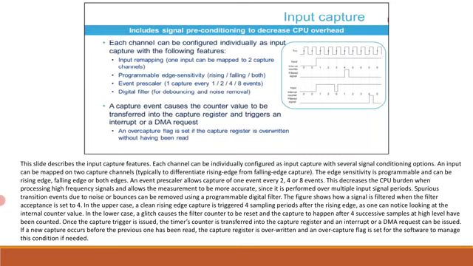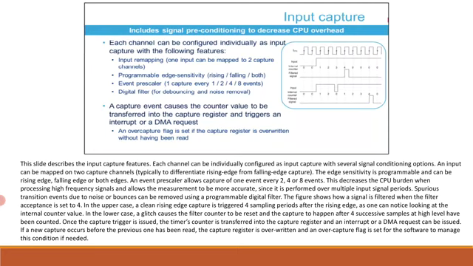An event prescaler allows capture of one event every 2, 4 or 8 events. This decreases the CPU burden when processing high frequency signals and allows the measurement to be more accurate, since it is performed over multiple input signal periods. Spurious transition events due to noise or bounces can be removed using a programmable digital filter.